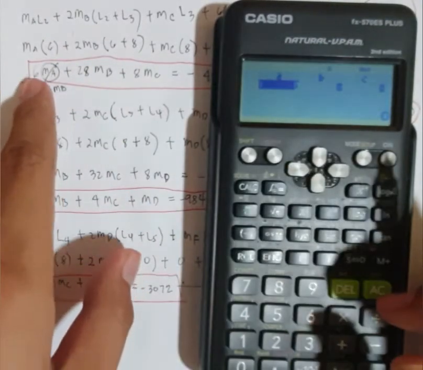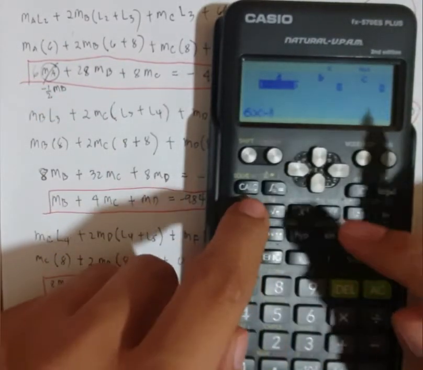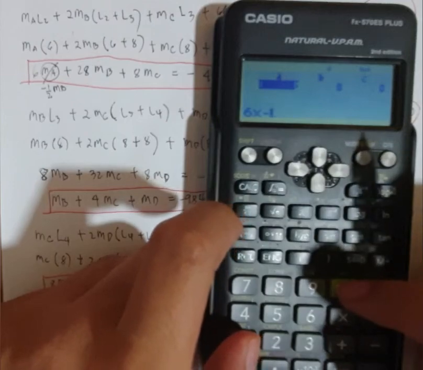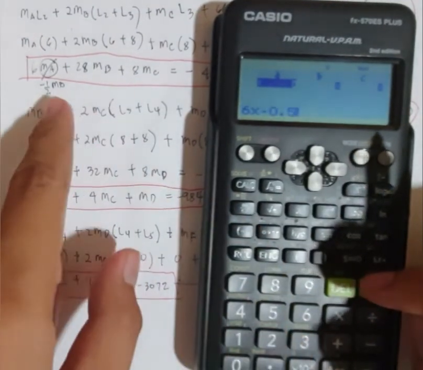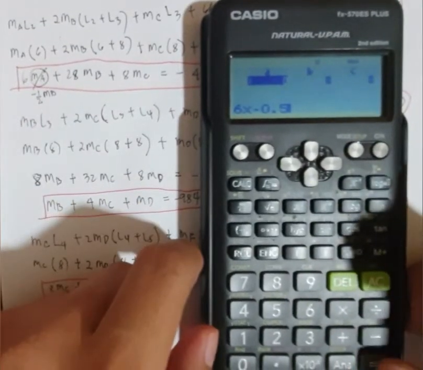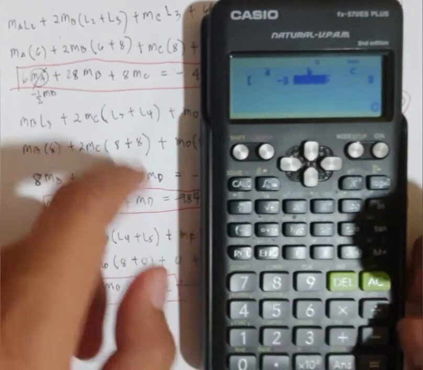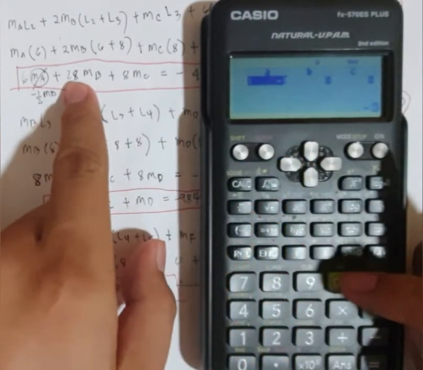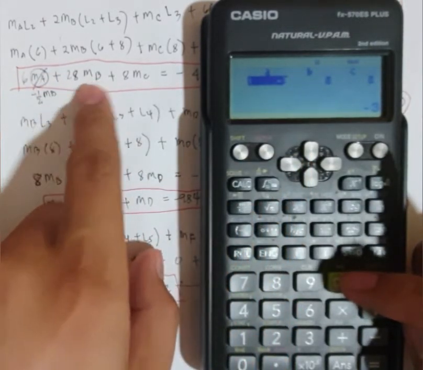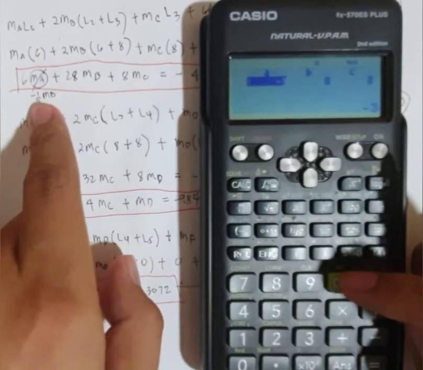So, 6 times negative 0.5 plus 28, since they are both MB.